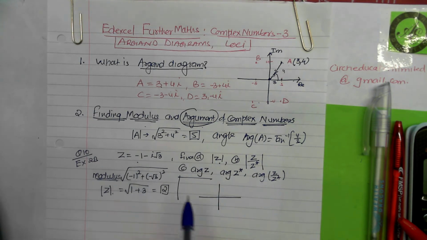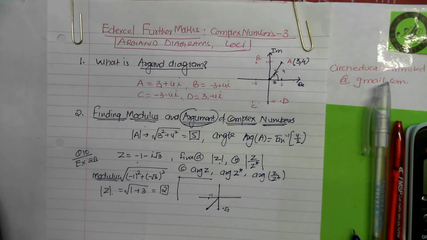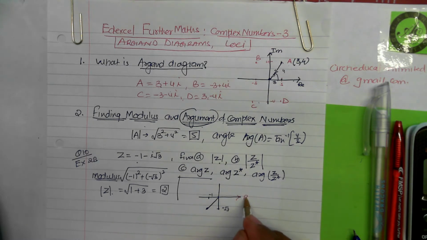So this will be minus 1 and minus root 3. This is minus 1 and that's minus root 3, guys. Now this is where I'm going to explain to you again. If you start in clockwise direction, the angle from positive real axis would be this bit.